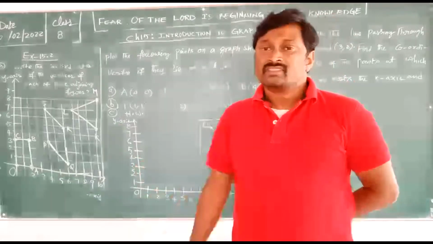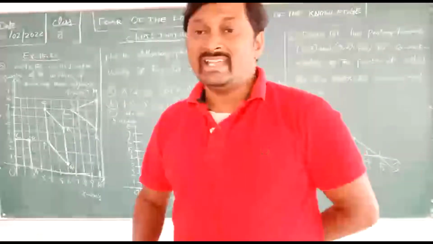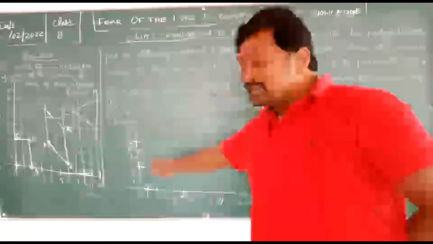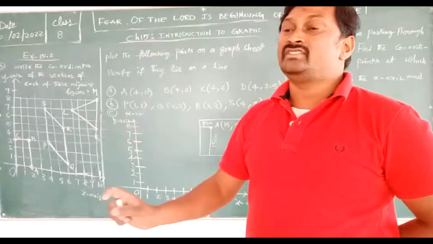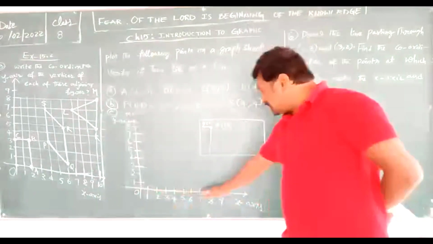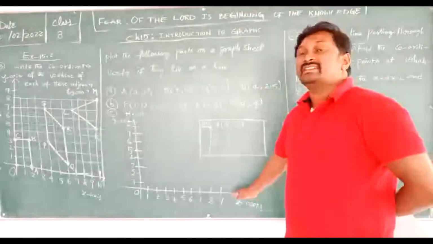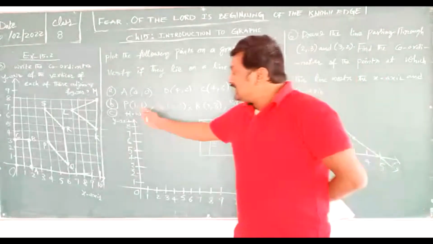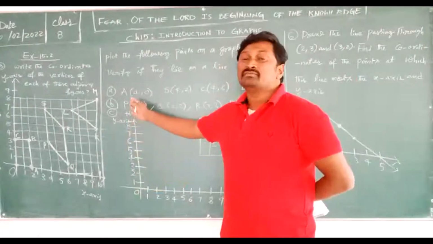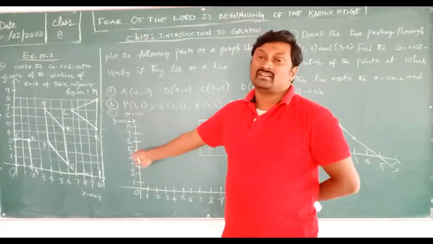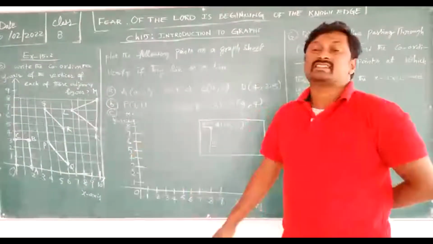So this complete part we call coordinate geometry, the horizontal line values are x coordinates, and the vertical line values are y coordinates. This we are going to discuss now.